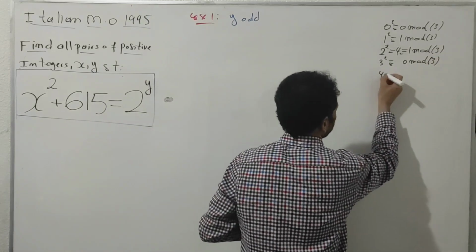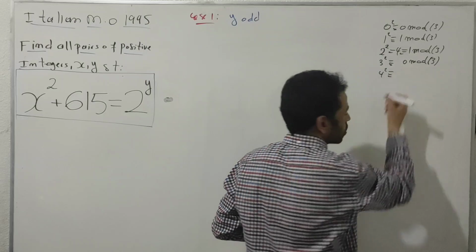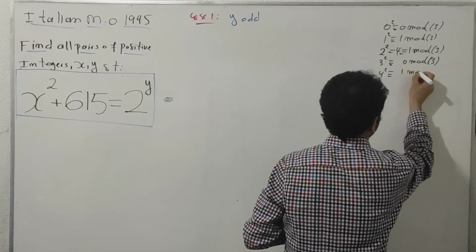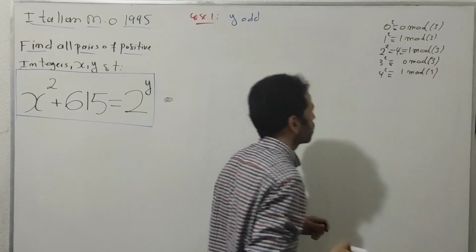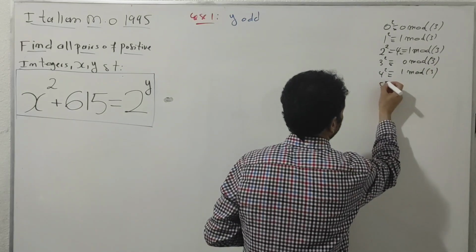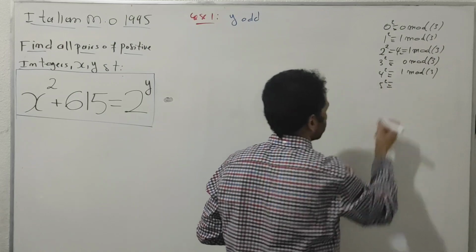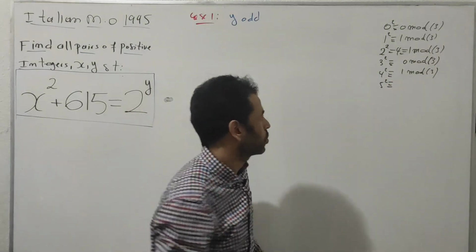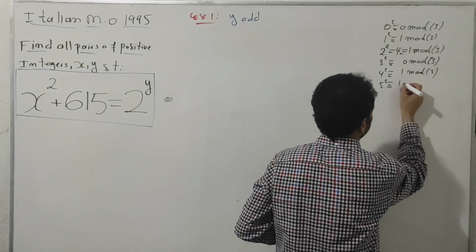For the next case, 4 squared is 16. 16 is 1 more than 15, which is 1 mod 3. So for 5 squared, which is 25, 25 is 1 more than 24, which is congruent to 1 mod 3.